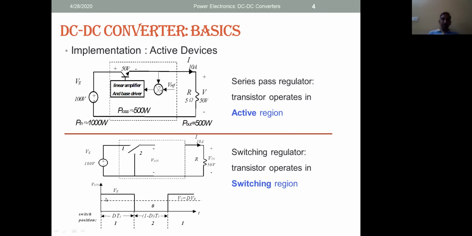So if I take the average over one cycle, I will get the load voltage 50 volt and the current flowing through the load is 10 ampere. But this is realized using a switch. So in this, I can use the same devices mentioned above, but I'm using them in a switching region instead of an active region. Means either they will work in cutoff or they will work in saturation.